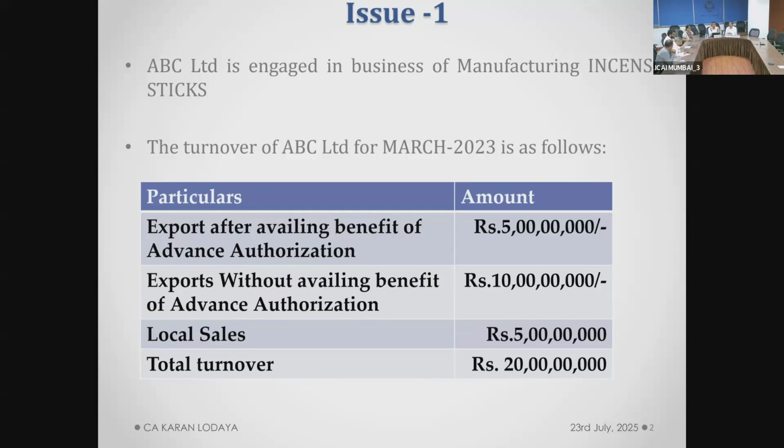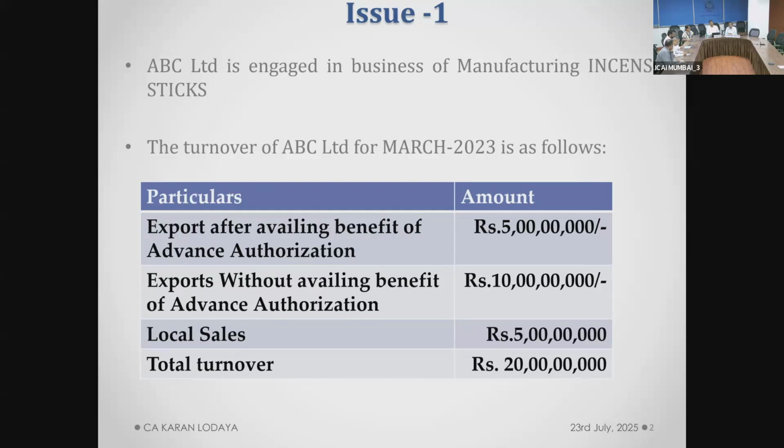In advance authorization, you don't need to pay import duty or IGST at the time of importation. So I have a raw material which I have imported under advance authorization, and I have exported the goods. In our case, with advance authorization, I have exported 5 crore rupees. Without advance authorization, there is 10 crores.